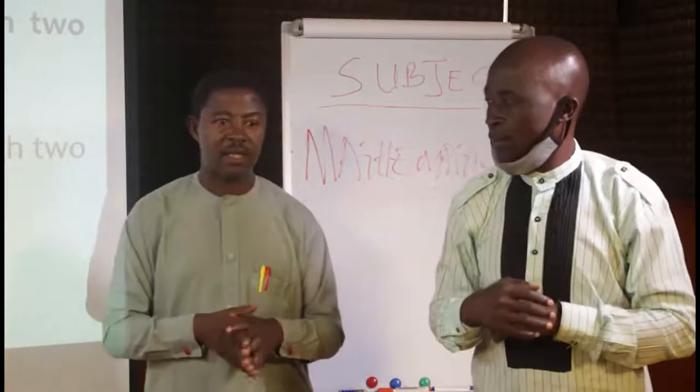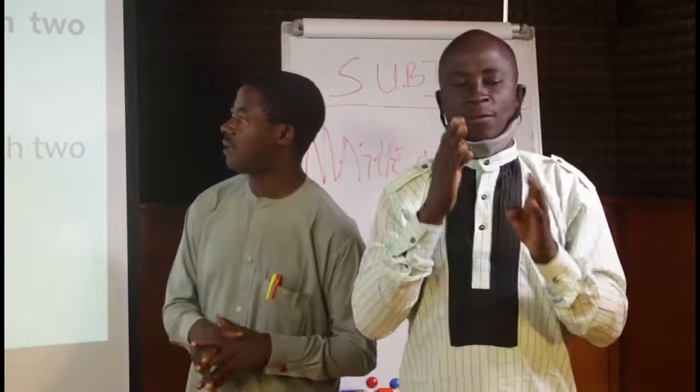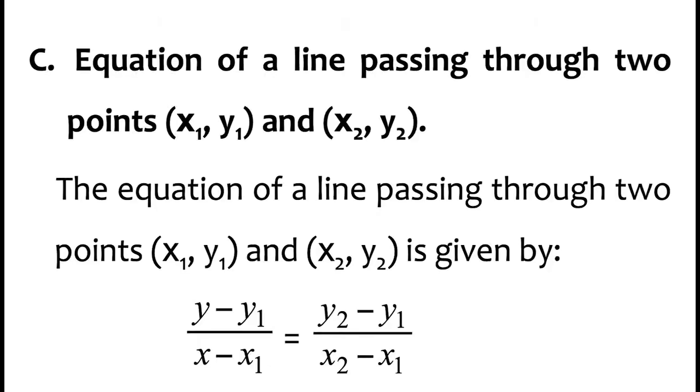Now the last form of equation of a line is part C, which is equation of a line passing through 2 points, x1, y1 and x2, y2.